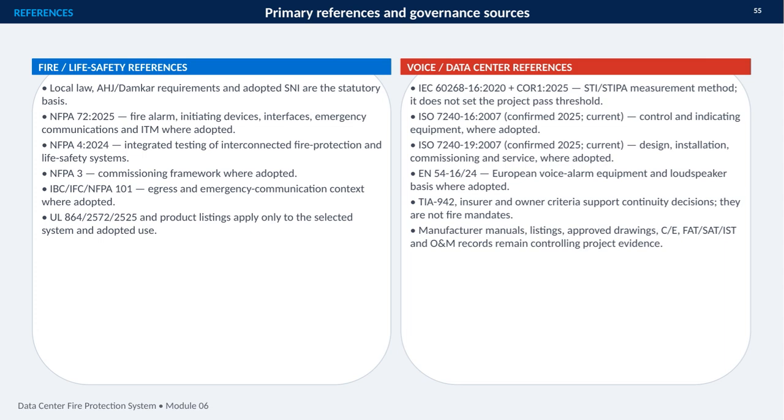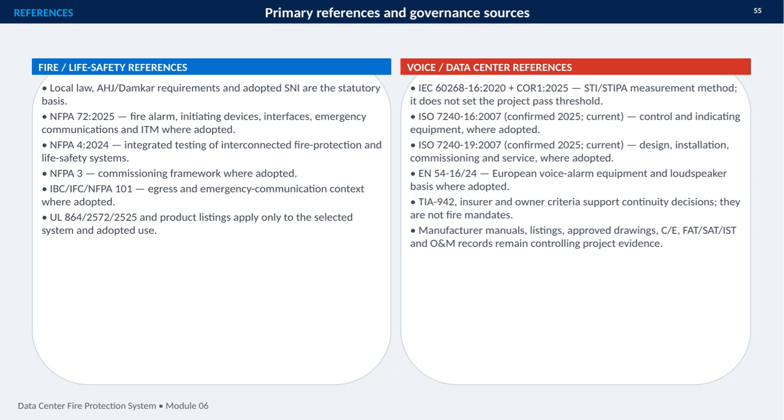NFPA 72:2025 is the key reference for fire alarm systems, initiating devices, interfaces, emergency communications, and inspection, testing, and maintenance where adopted. NFPA 4 addresses integrated testing across interconnected fire protection and life safety systems, while NFPA 3 provides a commissioning framework where applicable. IBC, IFC, and NFPA 101 add context for egress and emergency communications.